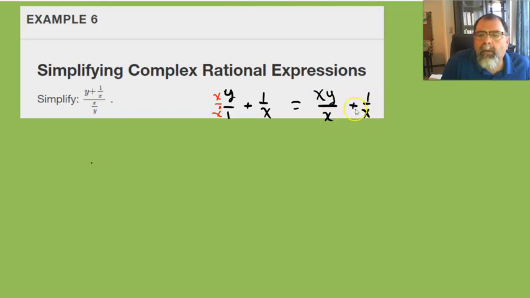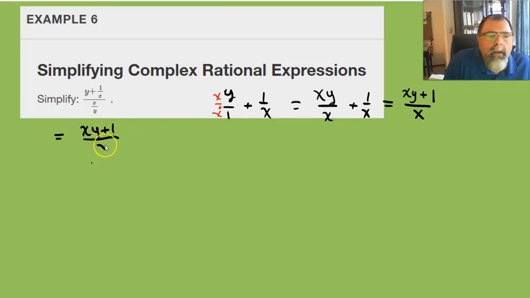We have common denominators. We'll leave it alone and then add the numerators. So xy plus 1. Okay, so the numerator becomes xy plus 1 over x. The denominator is already just a single fraction, so we can leave it alone.